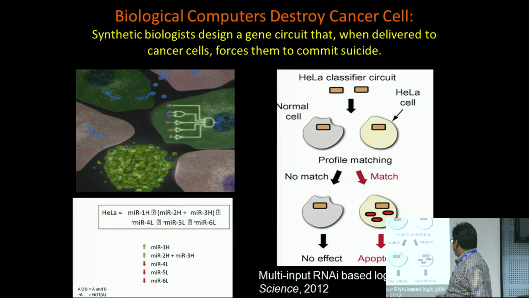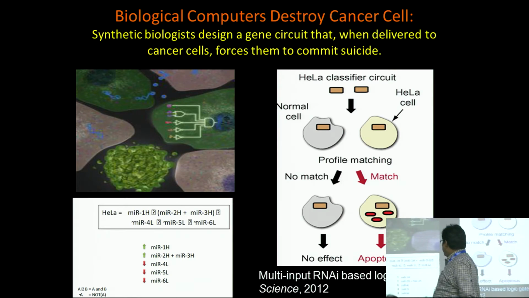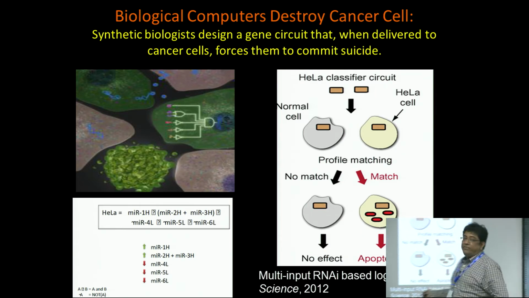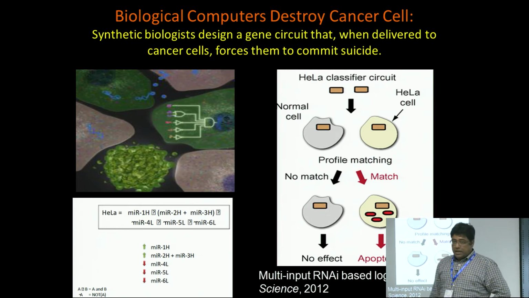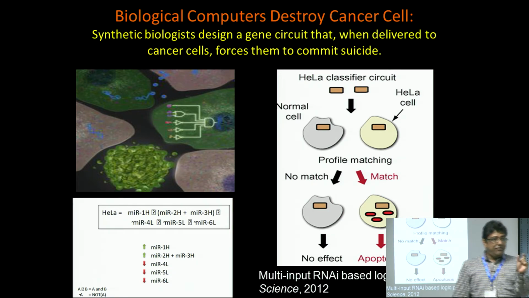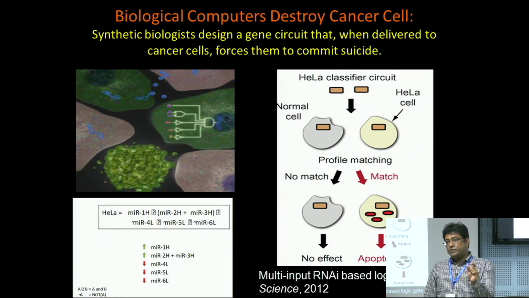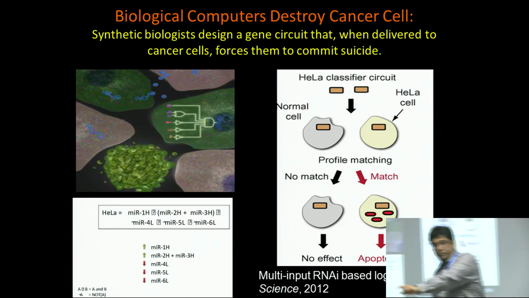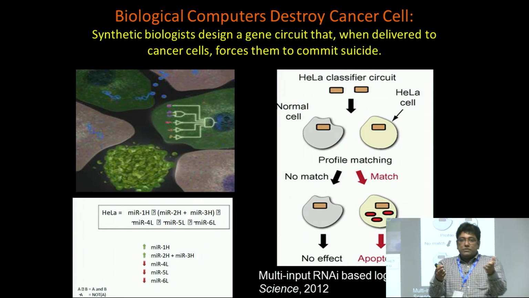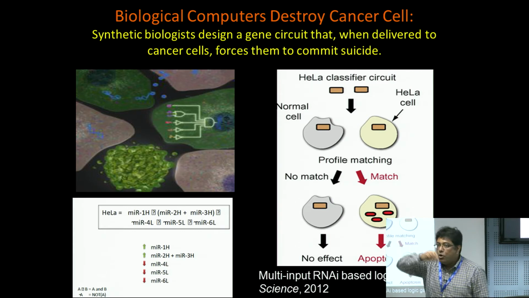This is another very nice example, though there is no practical application of it. They developed a classifier circuit inside a cancer cell, and based on 6 mRNA levels, it can actually identify whether this is a HeLa cell or not. If it identifies a HeLa cell, it produces a protein that sends the cell into the apoptotic pathway. But you cannot use this in reality, because it works at the cell level, and you cannot put it in all the cells of the human.